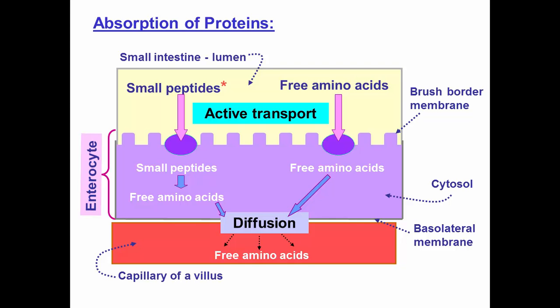The other thing is that small peptides are the predominant, most efficient way that we bring in amino acids across the gut for absorption. So the small peptide carriers are very efficient.